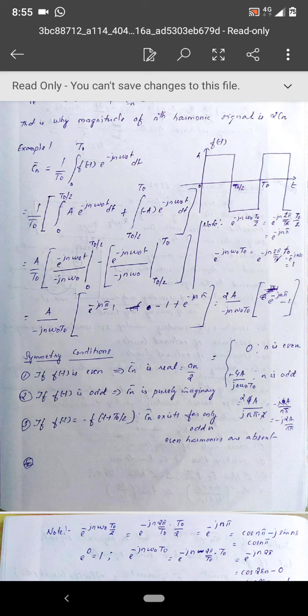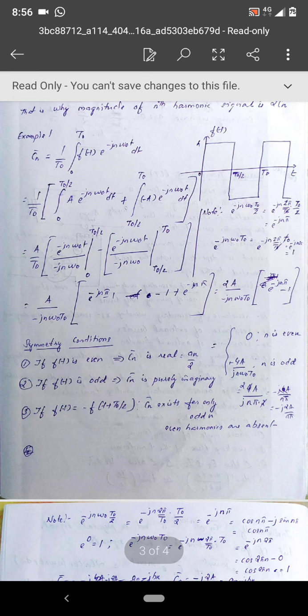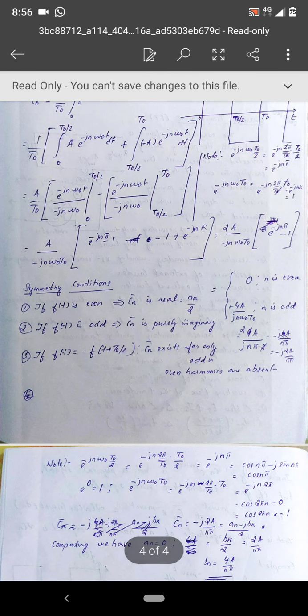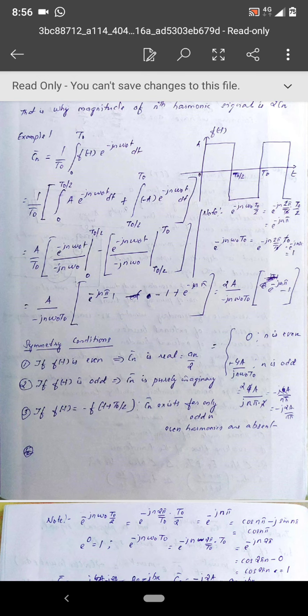If you apply things inside, e raised to minus j n omega naught t naught is nothing but, as we have already described, equal to 1. So that is 1 here. And if you take the minus sign also inside, that becomes minus 1. And again you have minus of minus, plus.